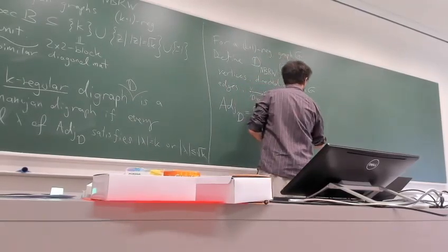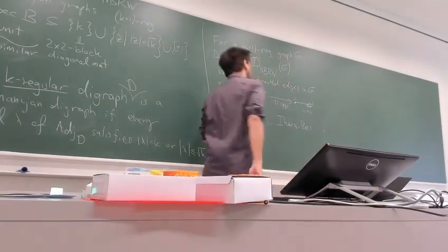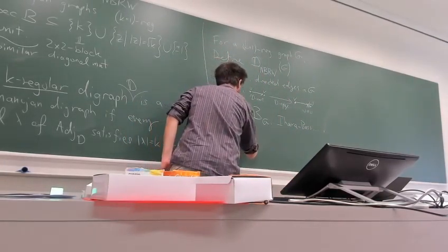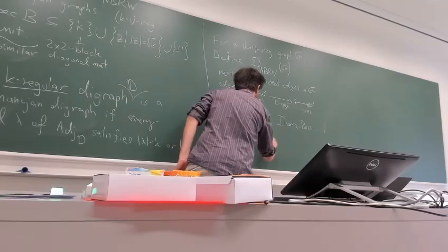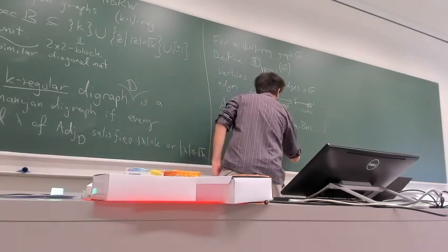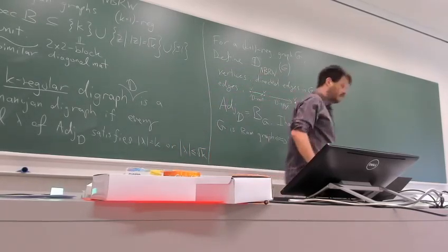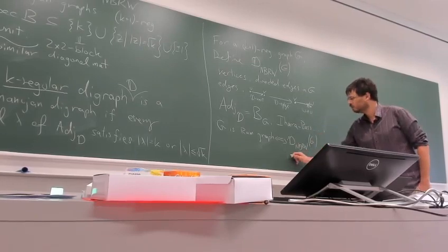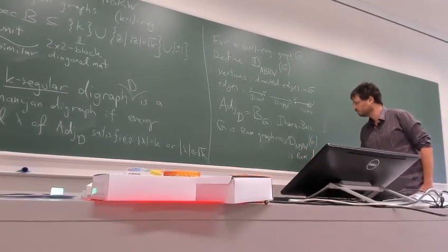And now what Ihara, Bas, and so on tell us is that G is a Ramanujan graph if and only if the directed non-backtracking random walk graph of G is a Ramanujan digraph.